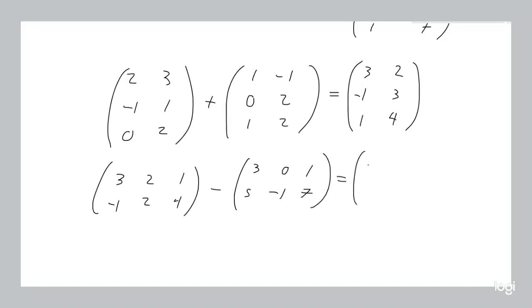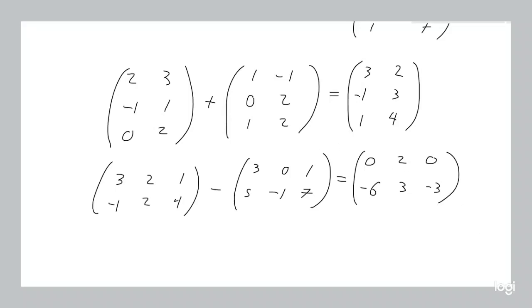Okay, so you're going to have 3 minus 3, which is 0, 2 minus 0, 2, 1 minus 1, that's another 0, -1 minus 5, -6, 2 minus -1, that's 2 plus 1, so that's 3, and 4 minus 7, that's going to give you -3. And that's it. That's matrix addition, matrix subtraction.